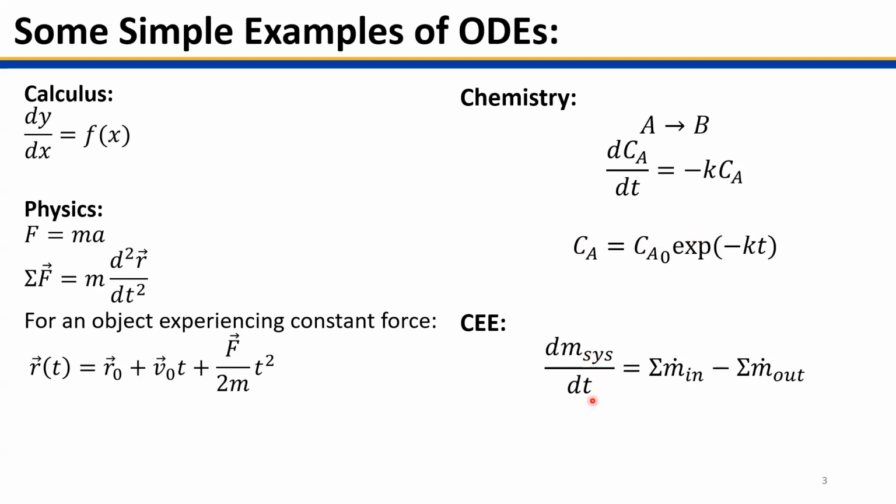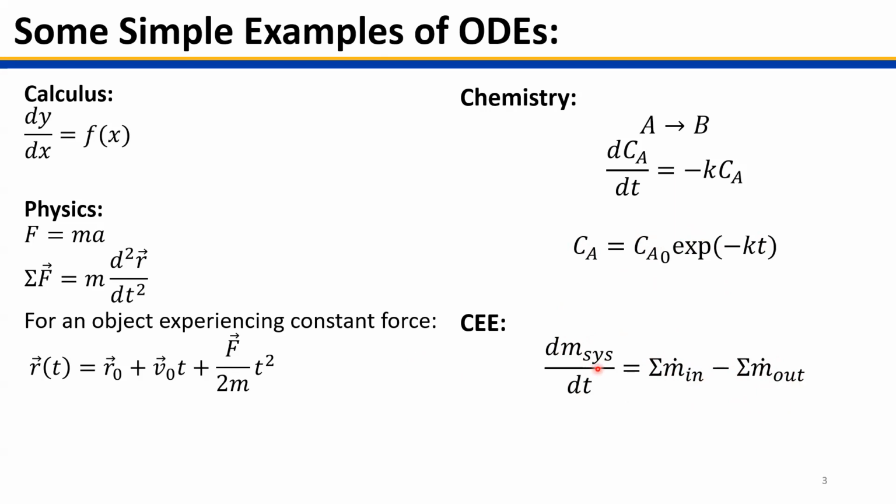And then of course, for a lot of us in engineering, what equation is this? Yeah, the mass balance equation. You have all your inflow rates minus your outflow rates. What are some assumptions you can make to simplify this equation?